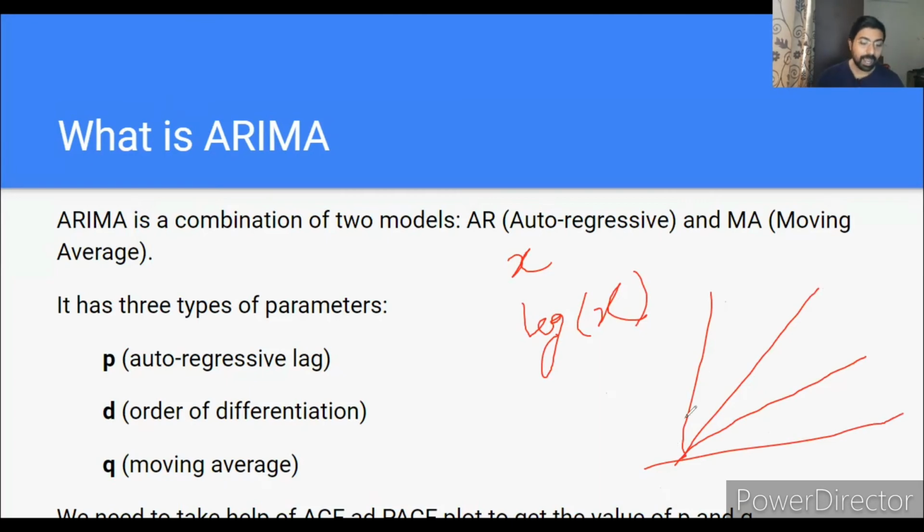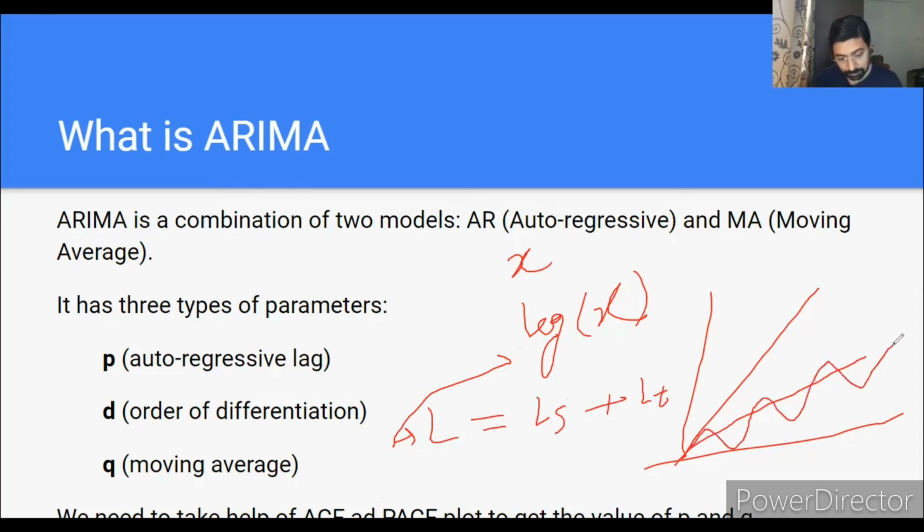Then you take the log of the data, so you just get L out of this. Now it has two parts, right? One is the L stationary part, and another is the L trend part.